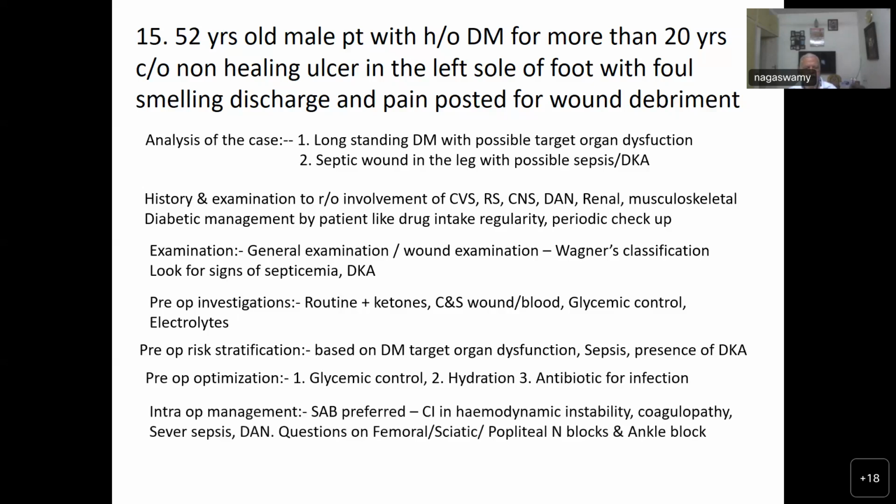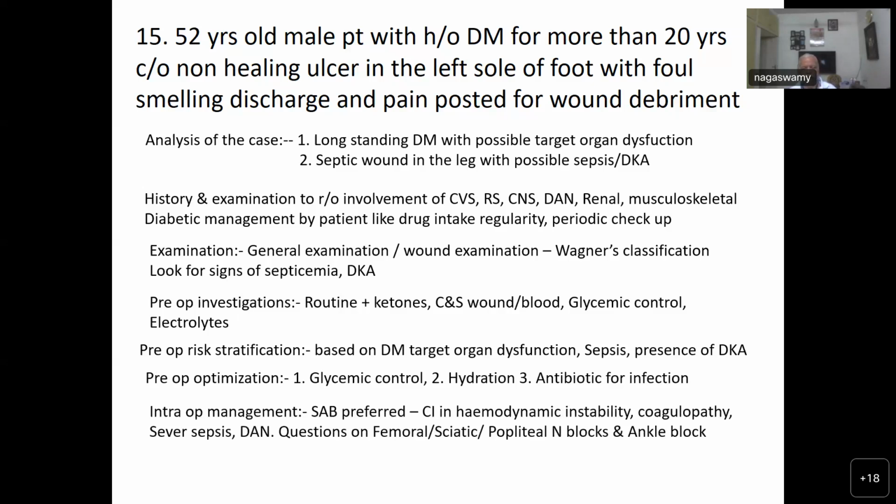And intraoperative management: SAB is preferred but contraindicated in hemodynamic instability, coagulopathy, severe sepsis, or autonomic neuropathy. And questions may be asked on femoral, sciatic, popliteal nerve block, and ankle block. In an infected case, ankle block is contraindicated. Please remember that.